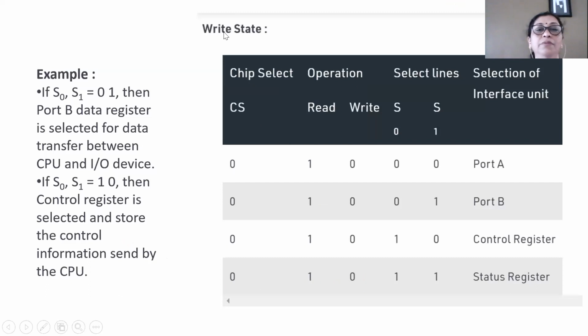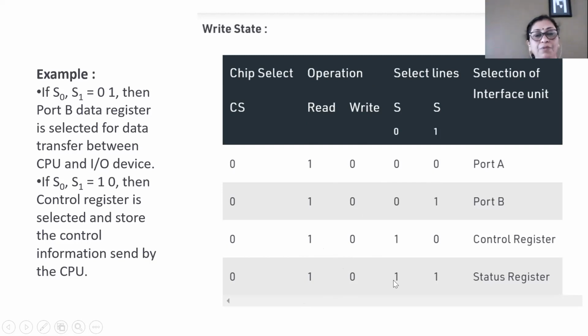Now, to perform a write operation, the same things apply, but the difference is that the read signal must be 1 and the write signal must be 0. In this case you can write to port A, write to port B, and write to the control register, but obviously you cannot write to the status register, it can only be read.